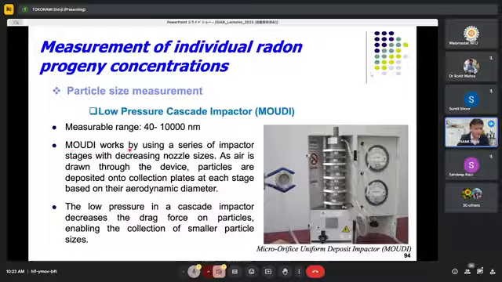MOUDI works by using a series of impactor stages with decreasing nozzle sizes. As air is drawn through the device, particles are deposited onto collection plates at each stage based on their aerodynamic diameter.